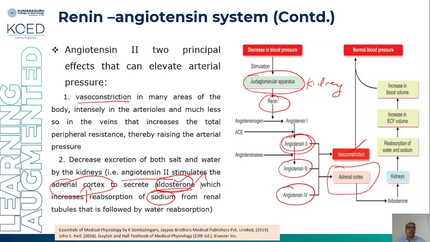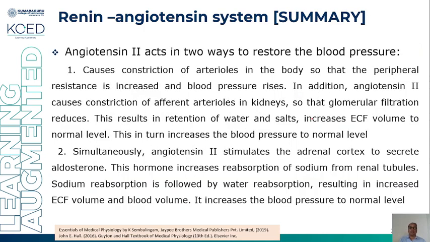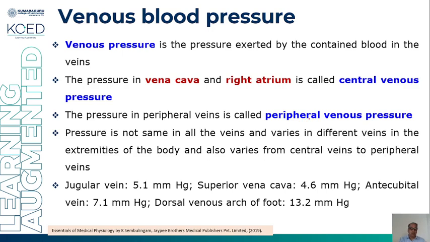Vasoconstriction means that the arteries will be constricted and thereby the blood volume will get adjusted. Thereby the contraction and relaxation of atrium and ventricle will be adjusted. So you have to correlate all these things. Already in my early lecture, I would have expressed the impact of venous blood pressure. Veins possess a very low blood pressure. You can see in jugular vein, it is just 5 mmHg.